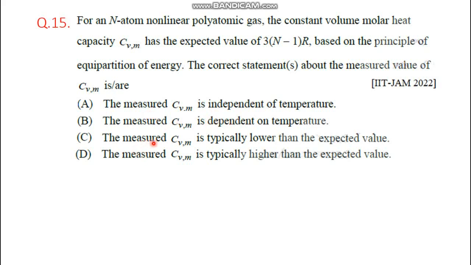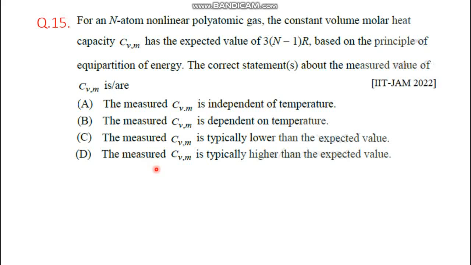And C, the measured Cv is typically lower than the expected value. Yes, this is another fact, that when you are measuring the value of Cv by experimental method, then you will find that it is much lower than the calculated value. So this statement C is also correct. Now what about the final statement?